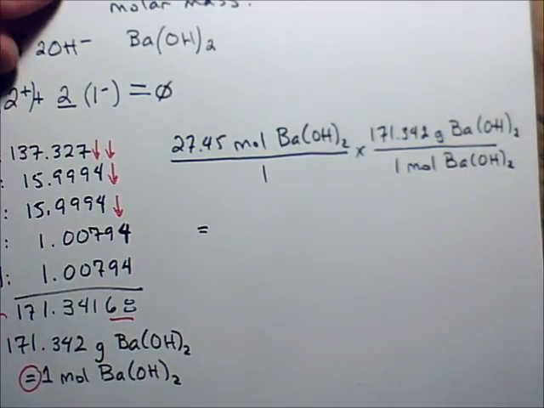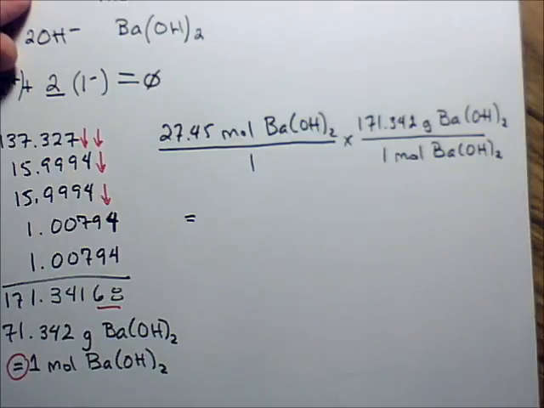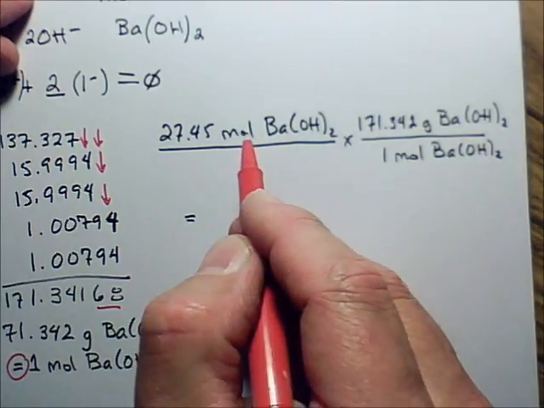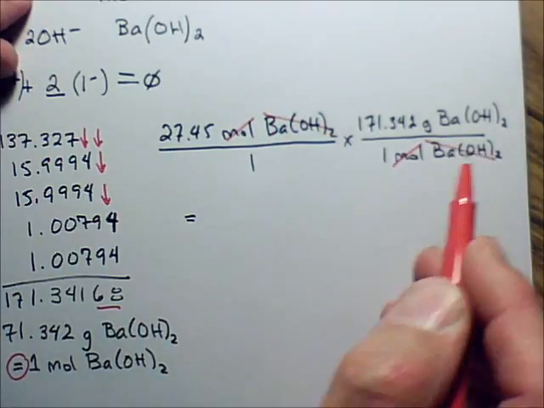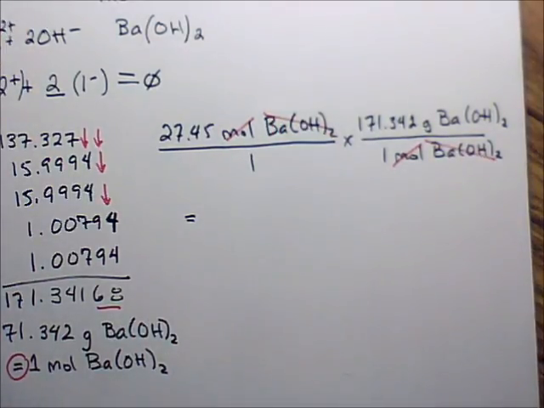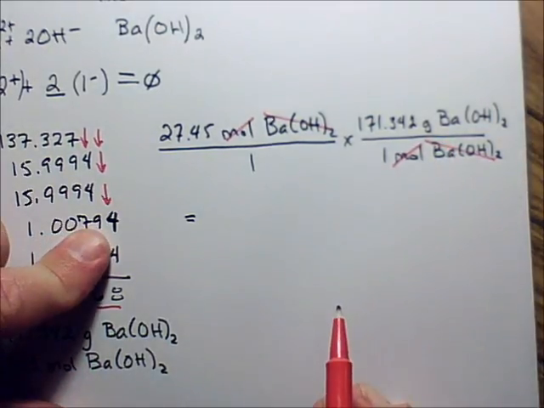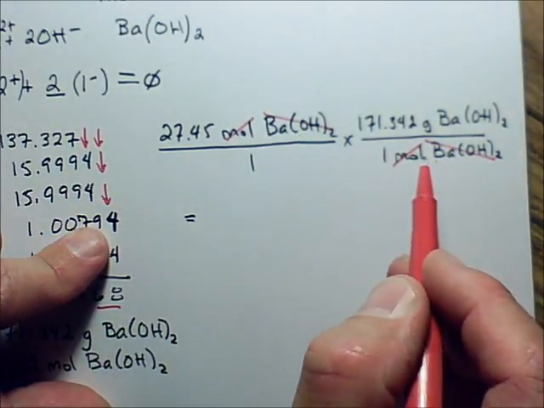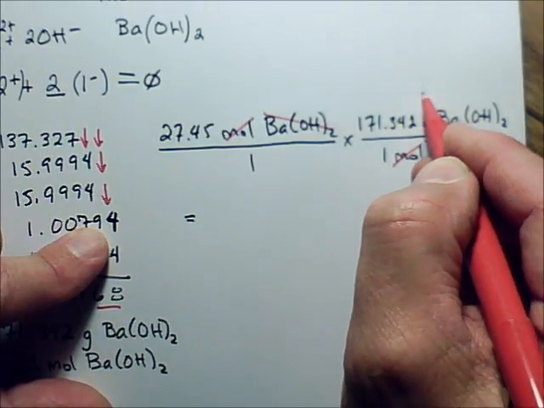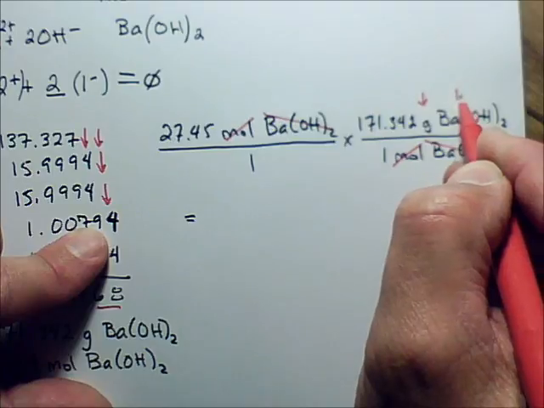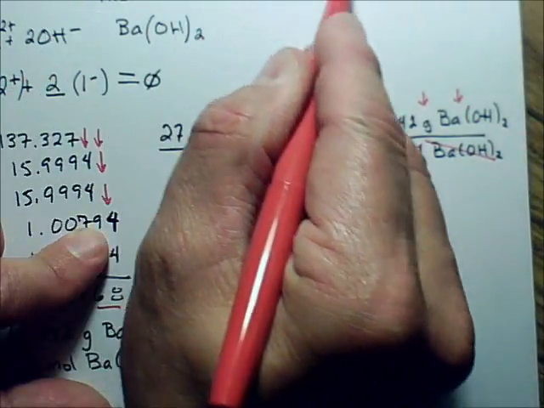Alright, now we're going to do the dimensional analysis part of this, where we cancel units that are the same on the top and bottom, and species that are the same on the top and the bottom of these fractions, just like you cancel x's and y's in algebra. And by doing so, we canceled all of these units and species and left us with the units and the species that match what the problem is asking for.